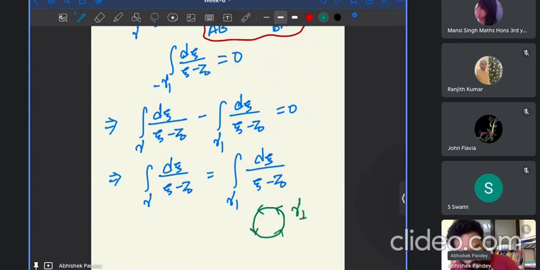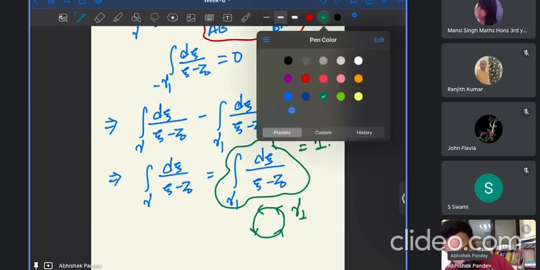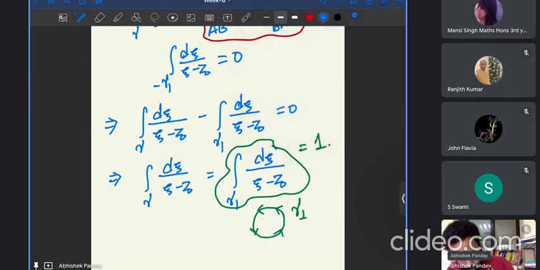So what is this integral? We have seen earlier, this we have seen as 2 pi i. So this will always be 2 pi i.